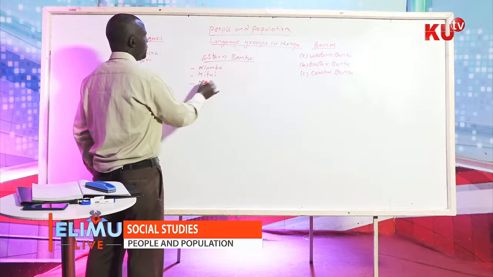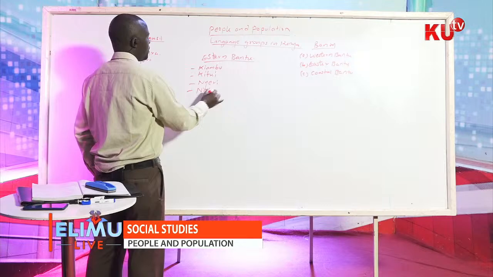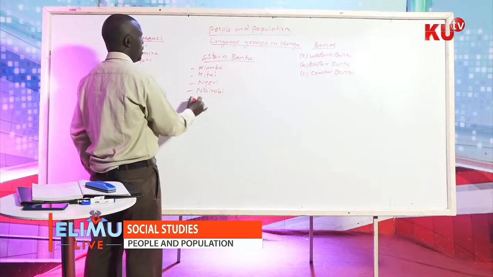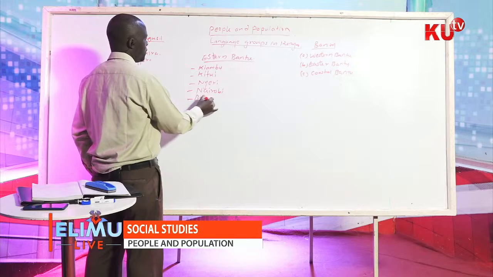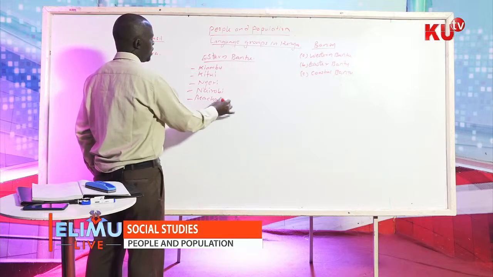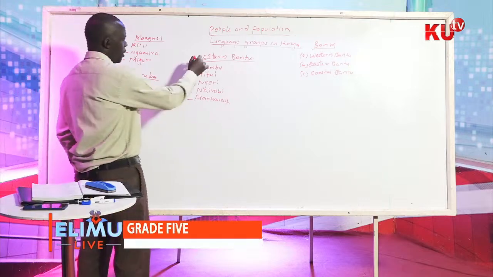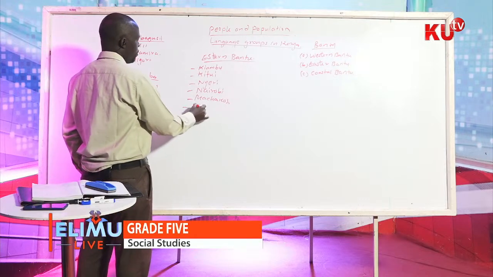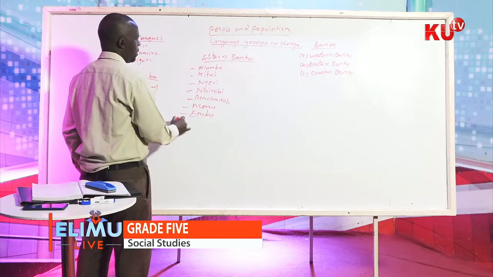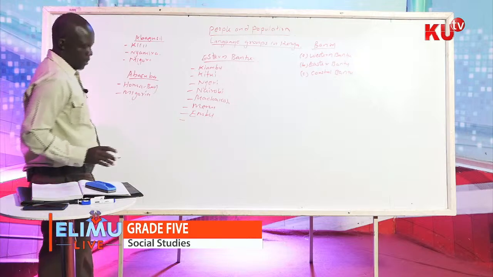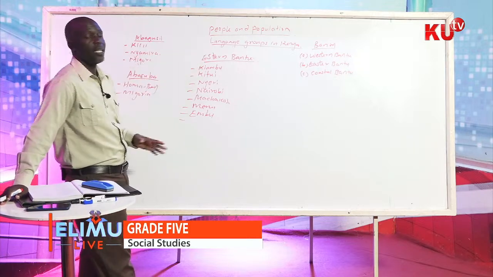We have Nyeri. They are also in Nairobi. Then we have Machakos, among others. So there are several areas where the Eastern Bantus are. We have Meru County. We have Embu. Yes, so currently this is where we can find the Eastern Bantus.